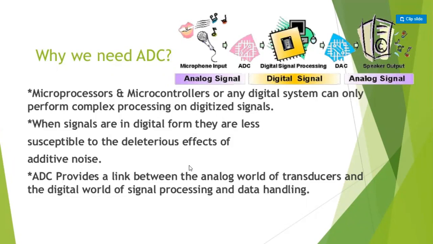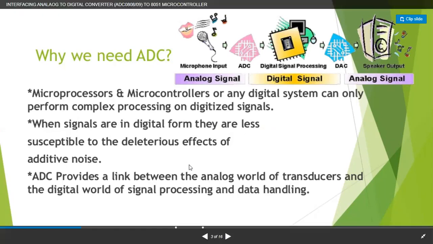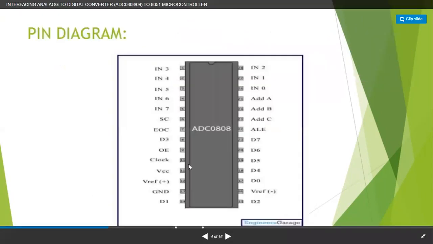When signals are in digital form, they are less susceptible to the deleterious effects of additive noise. So the ADC provides a link between the analog world of the transducer and the digital world of signal processing and data handling. So this is the requirement of an analog to digital converter.